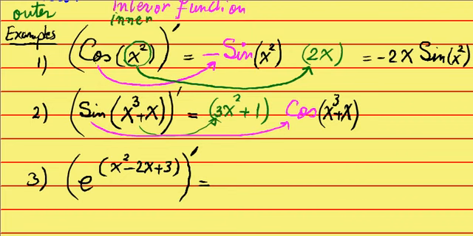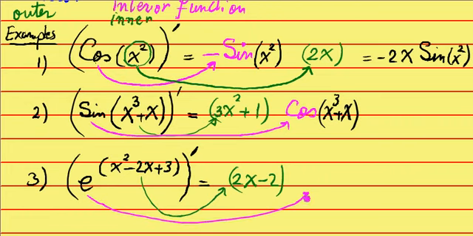So if you want to differentiate it, the derivative of the inner function is 2x minus 2. The outer function is this exponential, which is going to be still x. The derivative of exponential is just itself, and whatever input you had, you still have it.